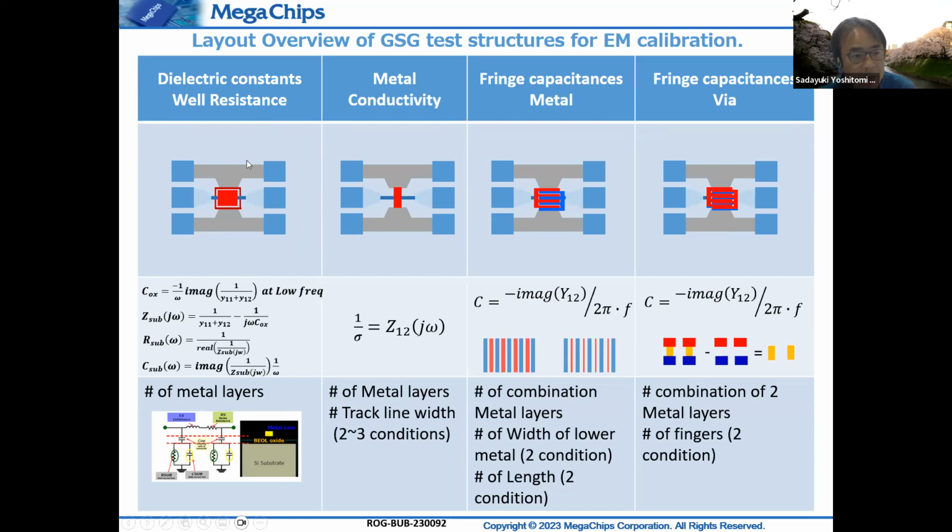In order to accurately estimate the substrate resistance, it's better to place a guard ring to terminate the electromagnetic waves at the guard ring. Otherwise, we will not have a correct estimation of the substrate resistance.